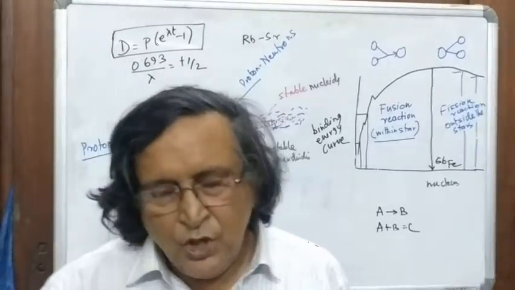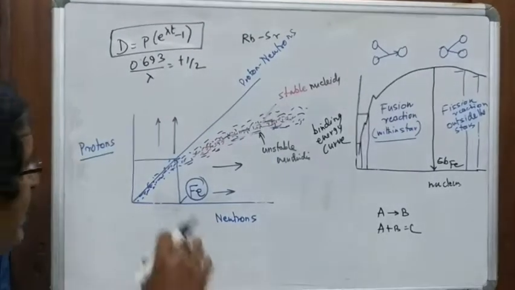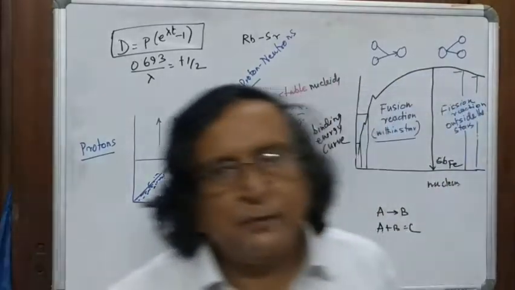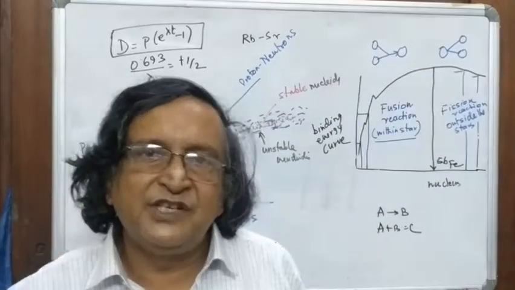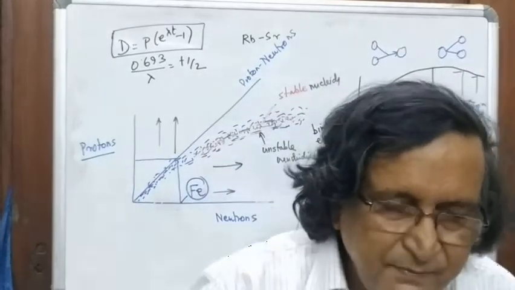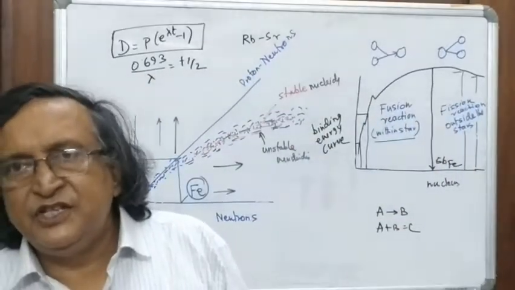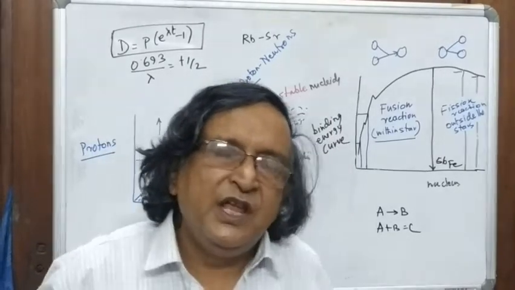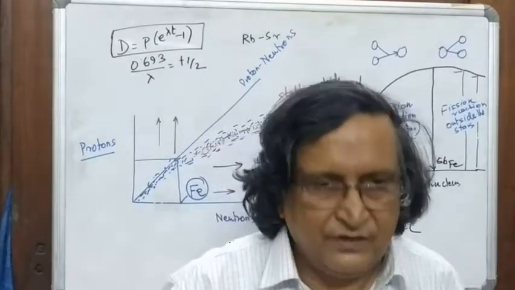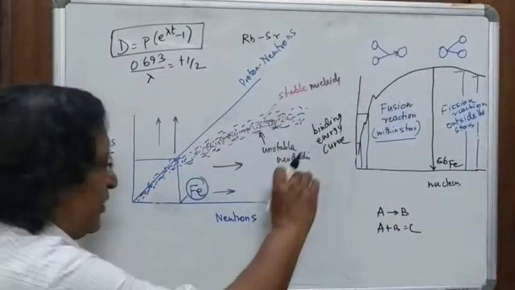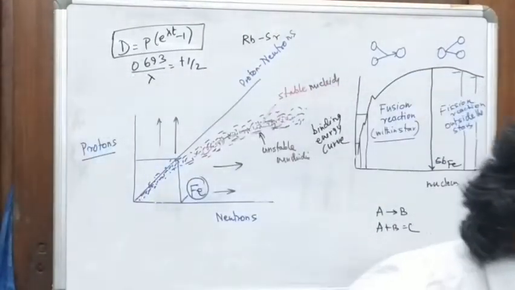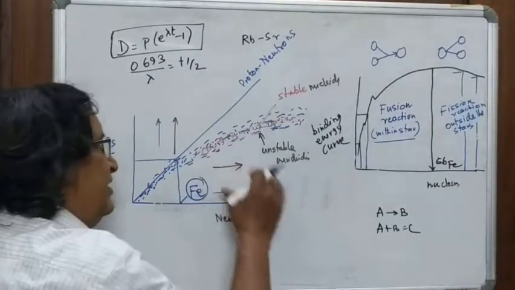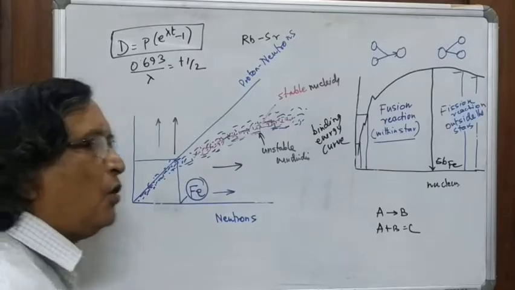Have you understood? That is why neutron rich radionuclides are common, but proton rich radionuclides are uncommon, simply because protons are electrically charged, and attachment of successive protons in the nuclide is not well tolerated. But neutron rich radionuclides do not require this, because neutrons are electrically neutral, and therefore the elements are all neutron rich.